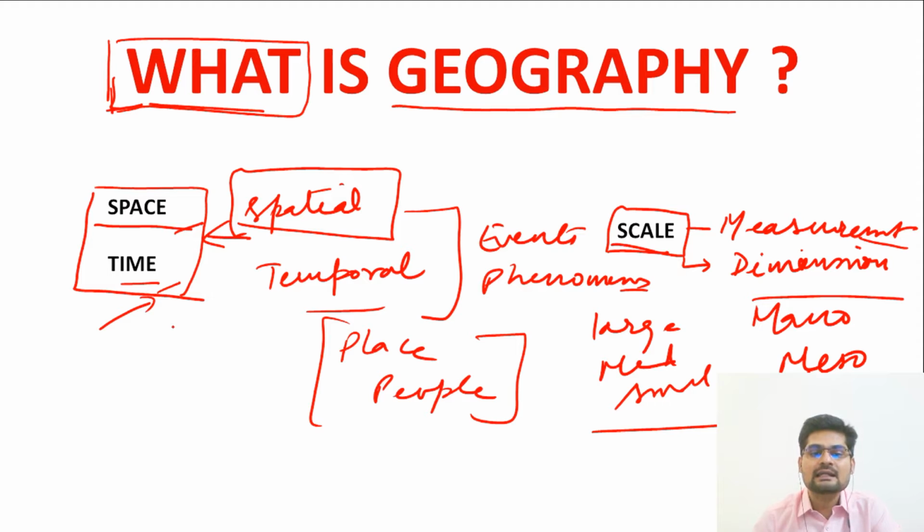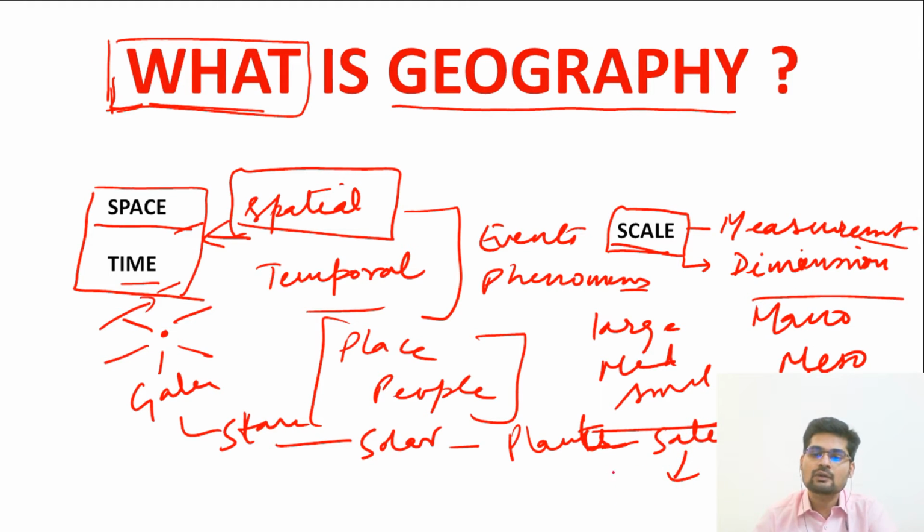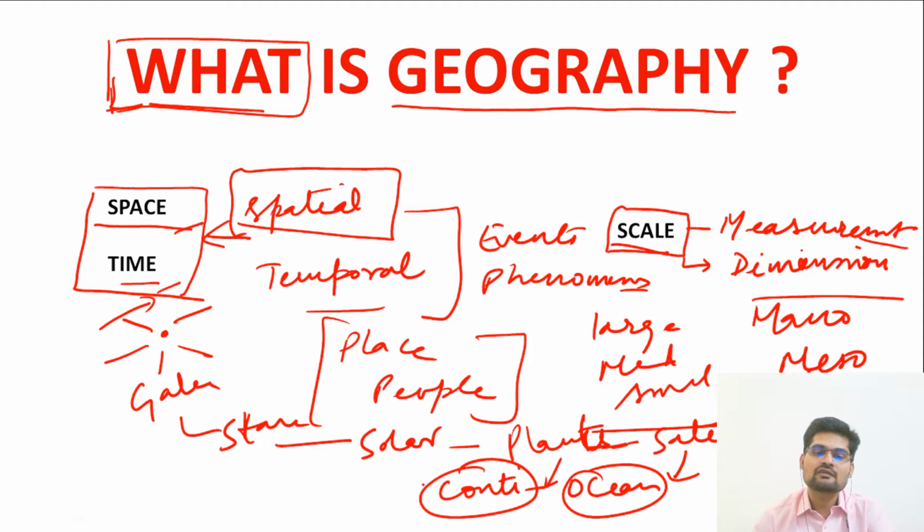If we understand that the concepts started from the Big Bang, from this point source, and then numerous galaxies were formed, then we had the evolution of our solar system, then the planets, then the satellites, and then further if we come down to the planet and scale it down, we have the continents and the oceans, and then in continents and oceans we can scale it down to a point location.